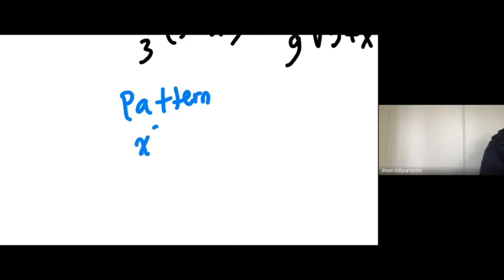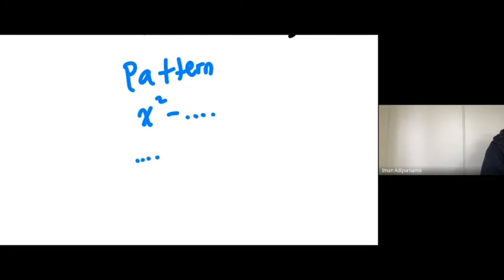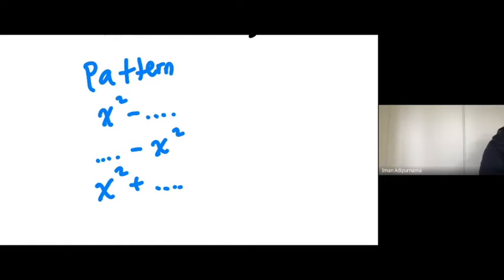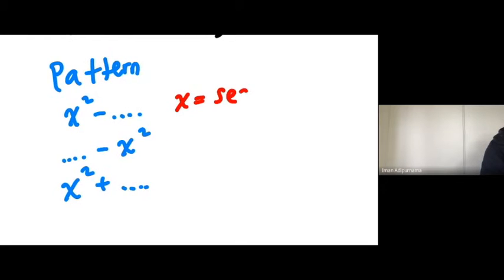You have x squared minus constant. You have some constant minus x squared, and you have x squared plus. And this should be secant. This should be sine or cosine.